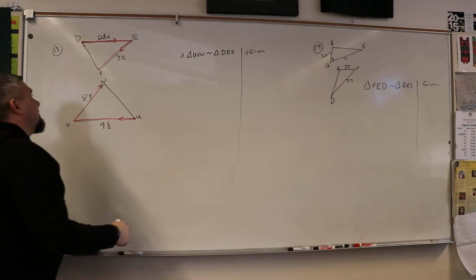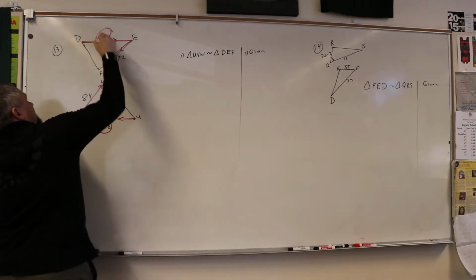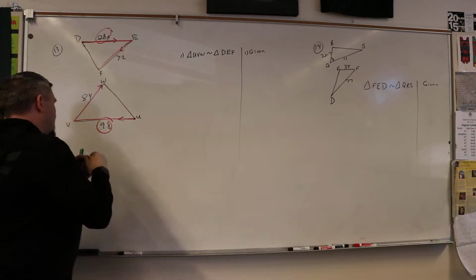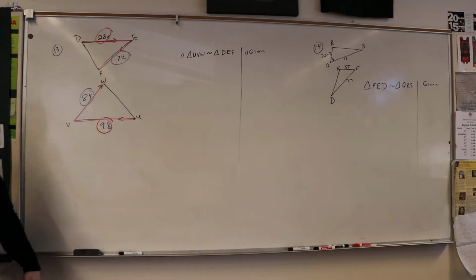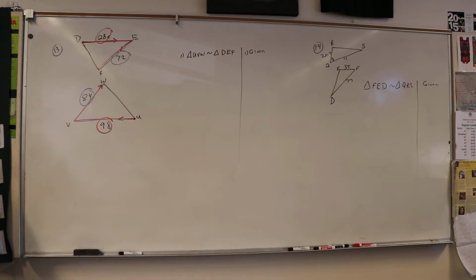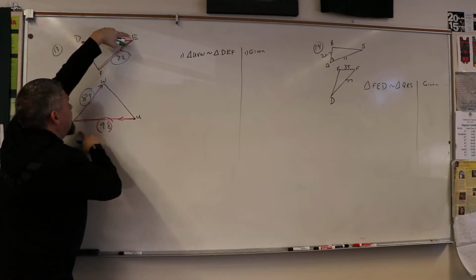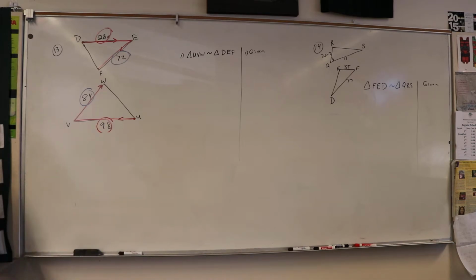So that means that these two are to each other, the same as these two are to each other. Okay? This is the first side as it goes. And then the second side as it goes. Does that make sense? And that's how you're able to set it up.